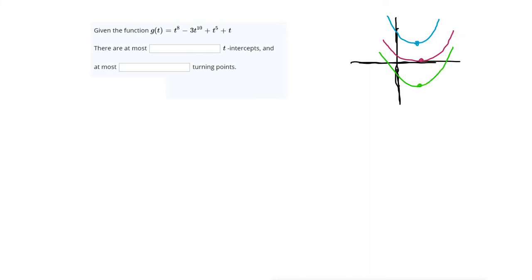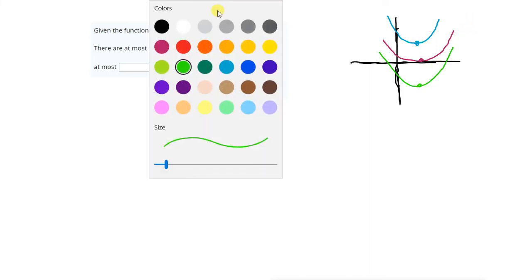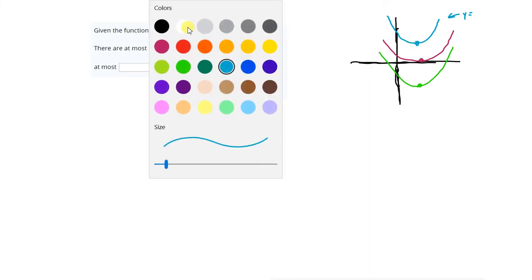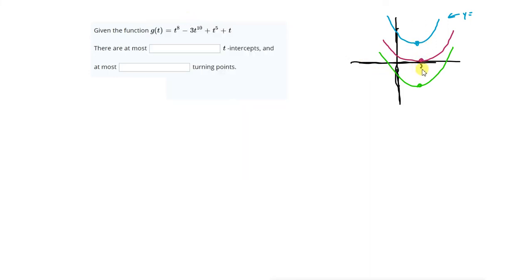In fact, we could guesstimate an equation for them if we wanted to. Like this blue guy, could you guys guesstimate an equation? Let's say this is at x equals 3 right here. If I put some coordinates here, let's say this is at 3, and this is at 2, and this is at -2.